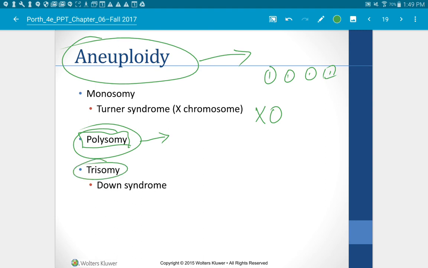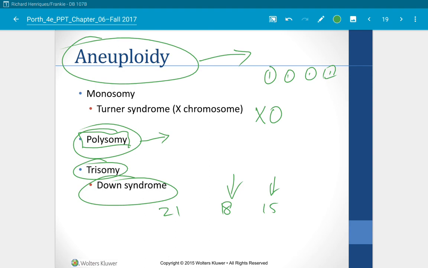Now, trisomies, there are 3 trisomies that are viable, and the most common trisomy by far is Down syndrome. So trisomy 21. The other 2 are Patau syndrome and Edwards syndrome, trisomies 13 and 18. These are substantially less common. And then the rest of the chromosomes can have trisomies, but again, they're usually lethal.